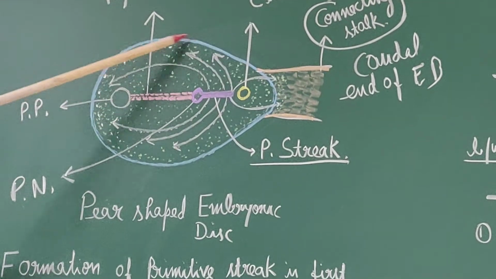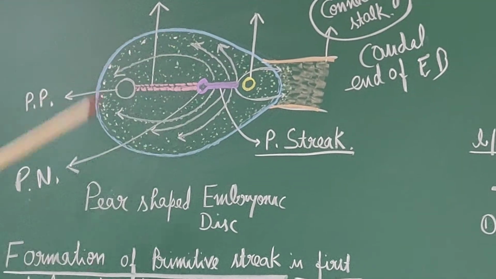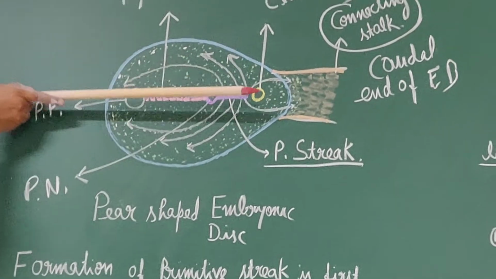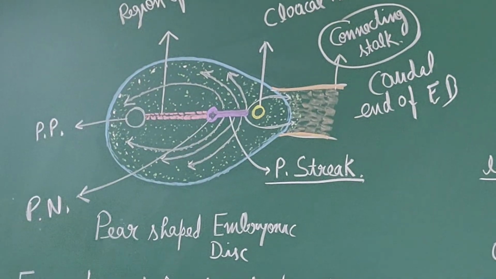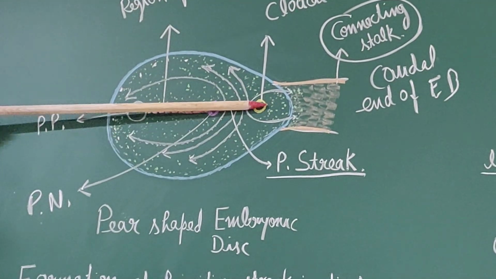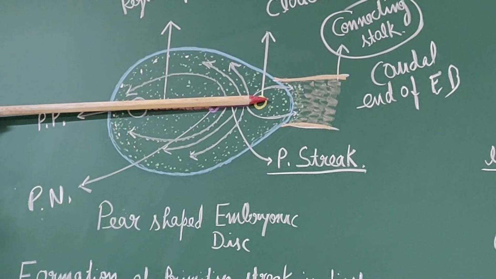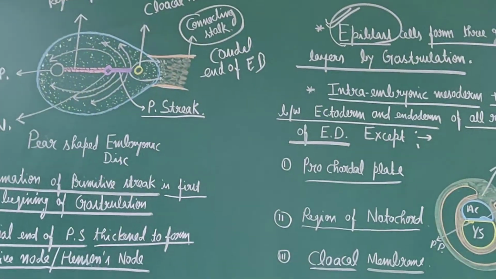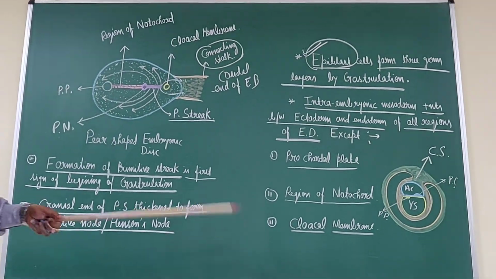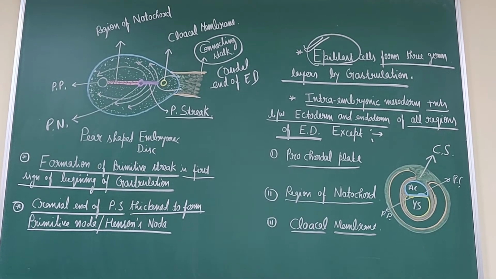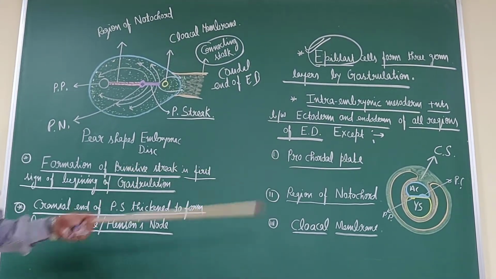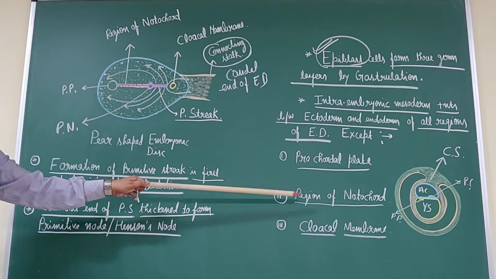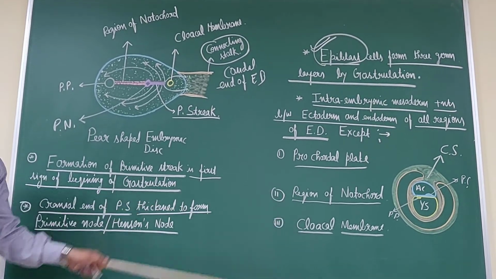It is present throughout the region of this embryonic disc except along the midline, the central axis of the embryo. There the intra-embryonic mesoderm is deficient, not present. And these regions are the prechordal plate, the region of the notochord, and the cloacal membrane.